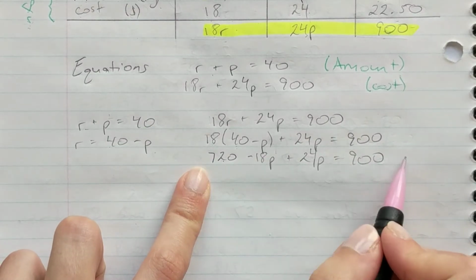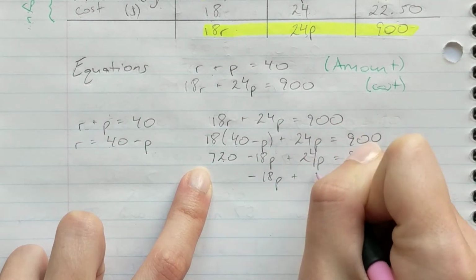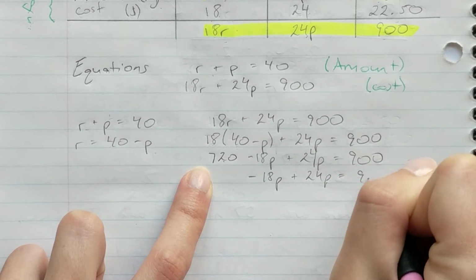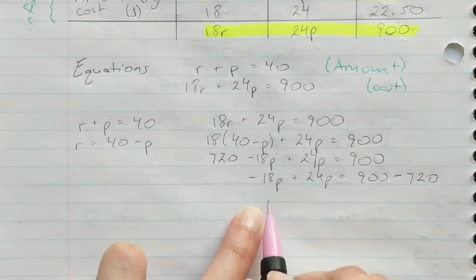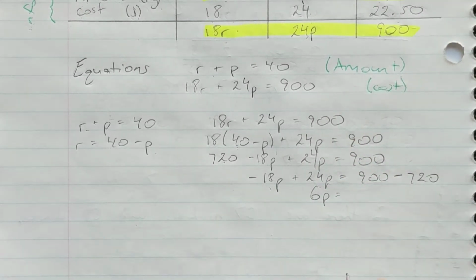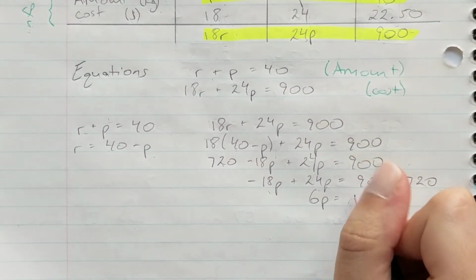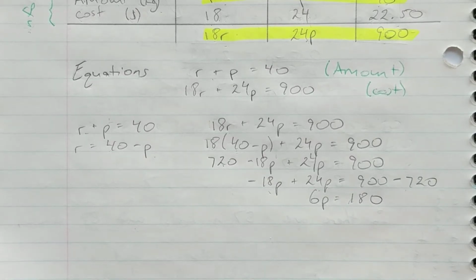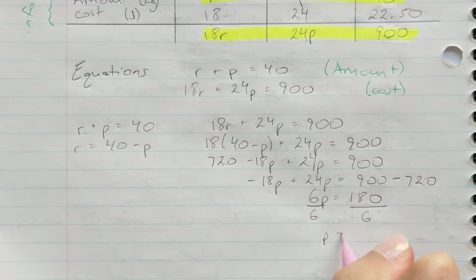Okay, I'm going to move my 720 over to the other side so I can collect my like terms here. Negative 18p plus 24p gives me 6p. 900 minus 720 is equal to 180. I divide both sides by 6 to get that p is equal to 30.